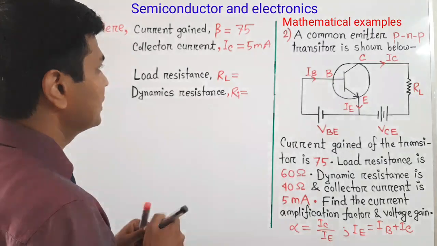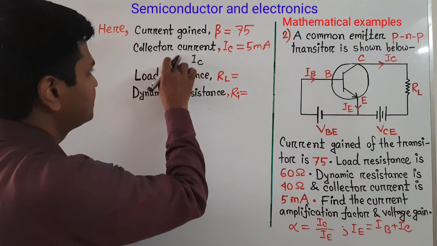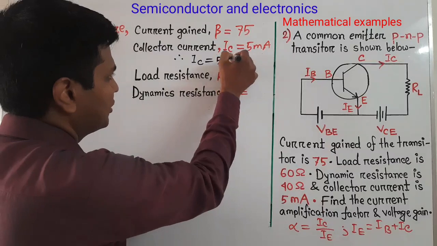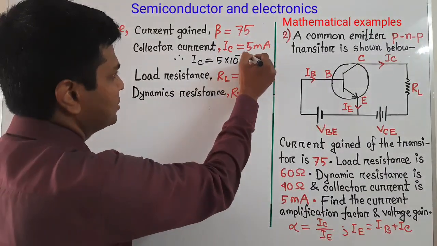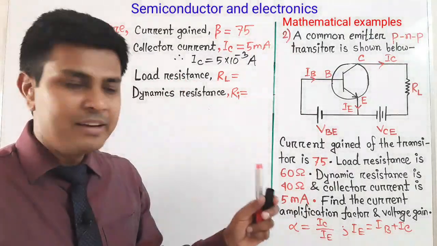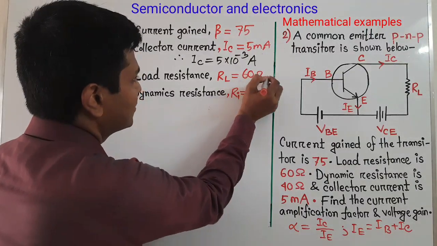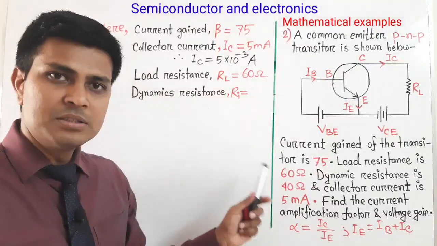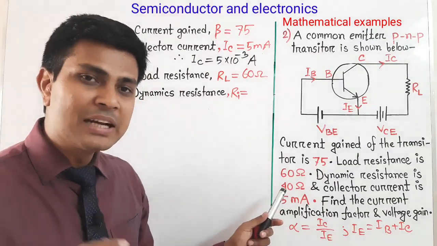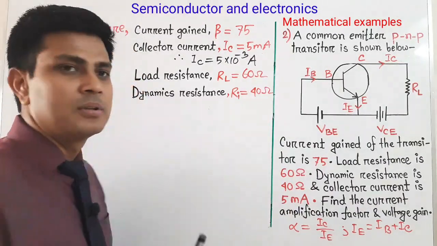So our result will be IC equals 5 into 10 to the power minus 3 ampere, and load resistance RL is given here as 60 ohm. The dynamic resistance is 40 ohm.